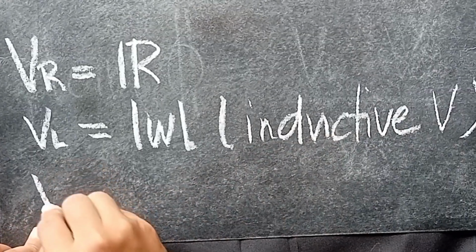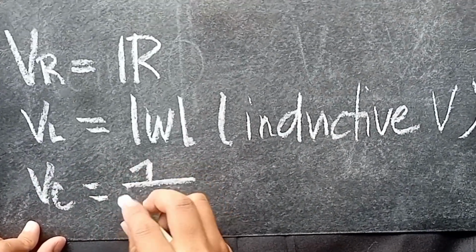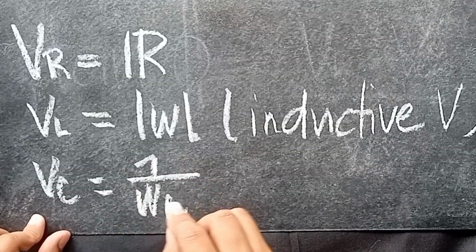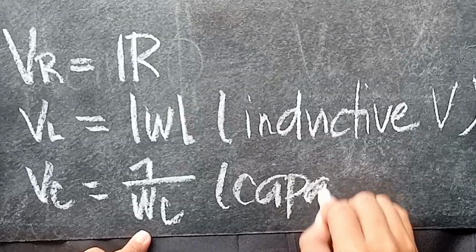Now, your VC naman is your 1 over angular frequency times capacitor or your capacitive voltage.